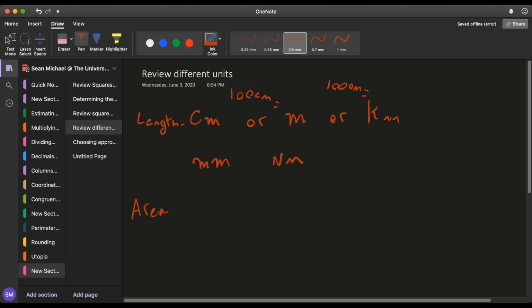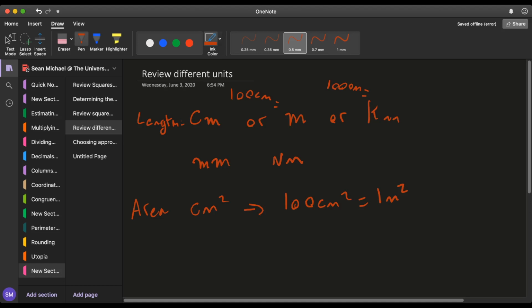Well, we know that there are such things as centimeters squared. What do you think 100 centimeters squared is going to equal? Well, it's going to equal 1 meter squared. Just like 100 centimeters equals 1 meter, 100 centimeters squared equals 1 meter squared.